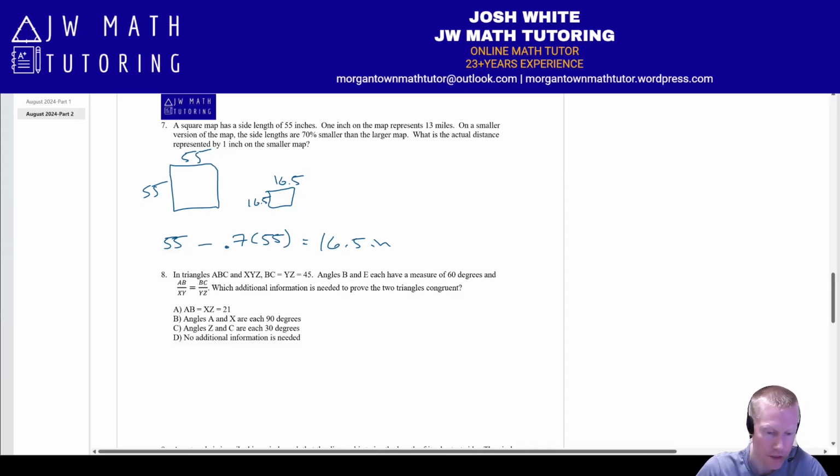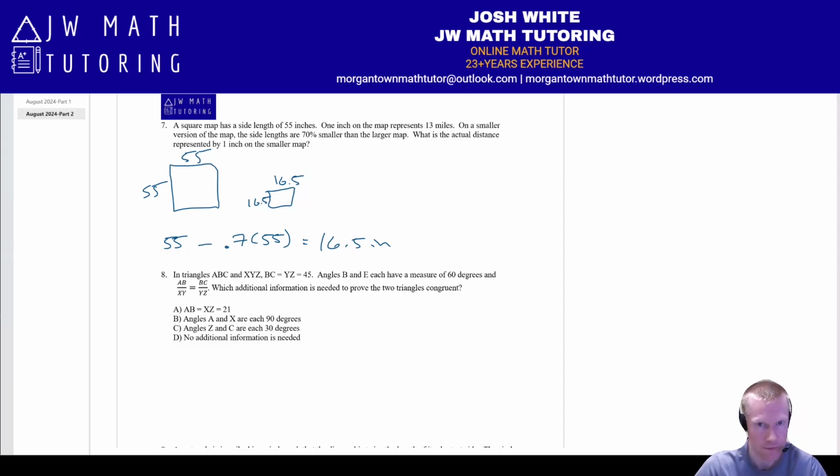So now basically what we're saying is this small map, which has a side length of 16.5 inches, has to represent a total distance of 55 times 13. Because in the large map, 1 inch is 13 miles.